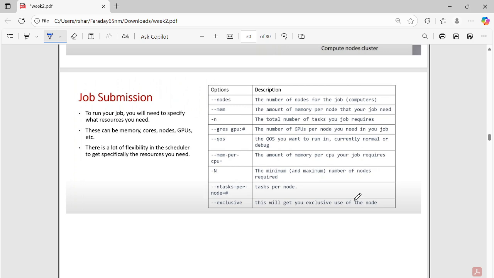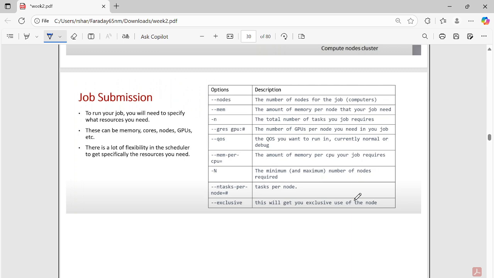We can ask for the number of parallel tasks that we are going to run. Say we have a task which utilizes 4 cores. So we need one node, and within a node 4 cores.